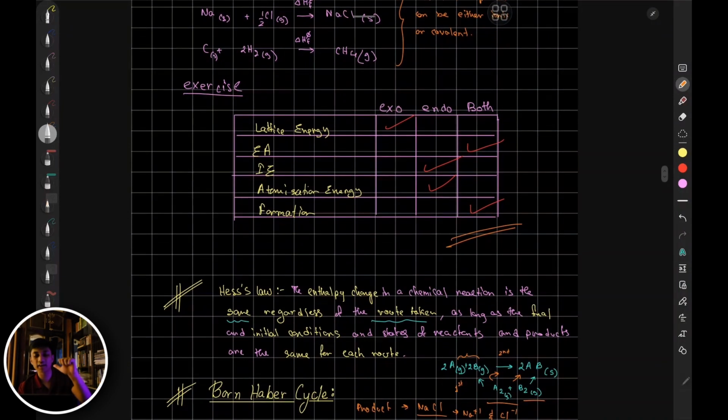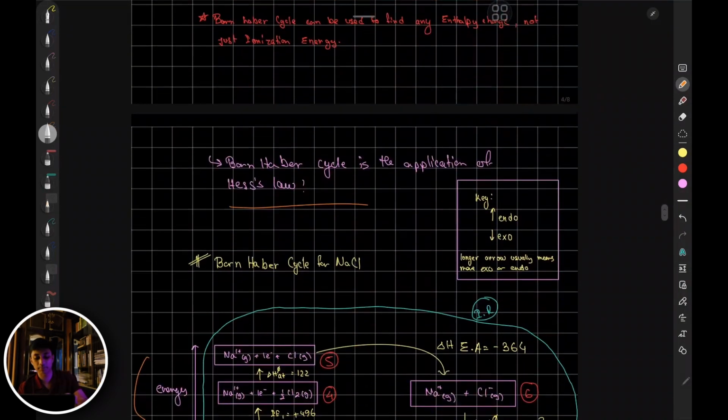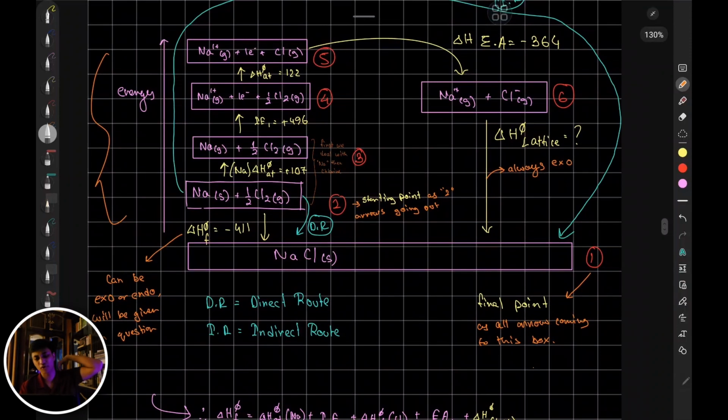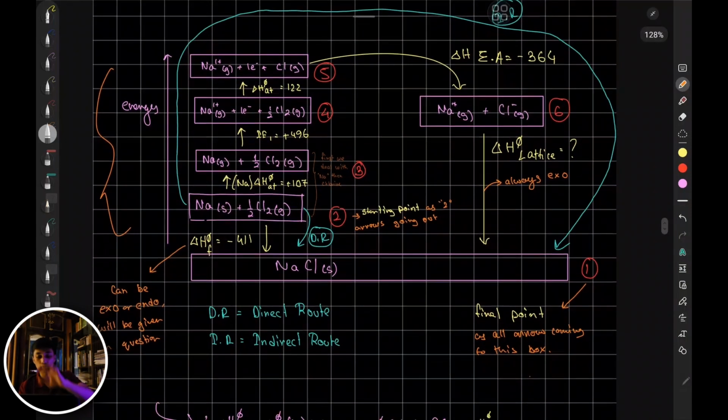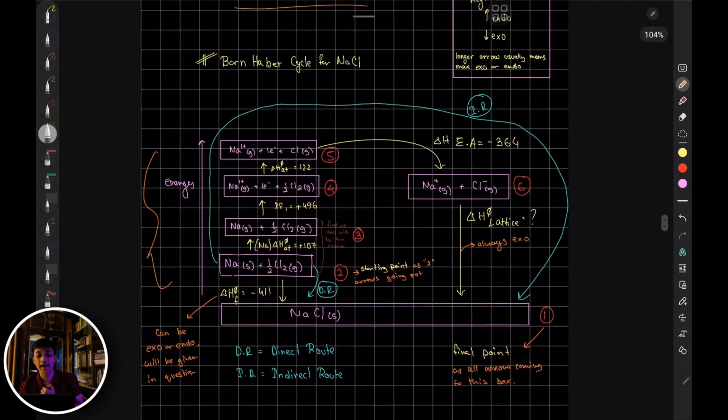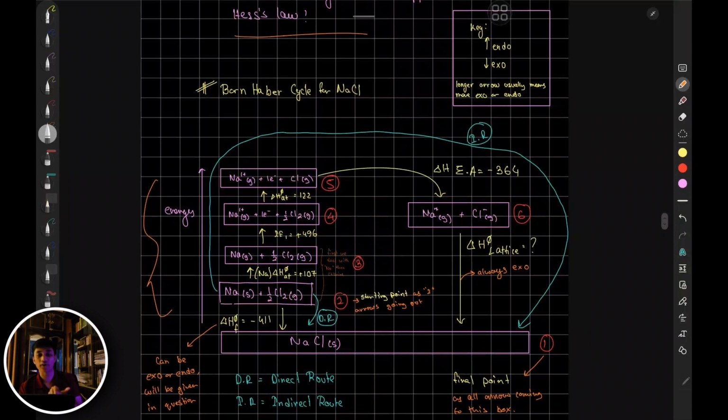So it can be both exo and endo, but I'm just giving an example. Let's say for the formation of NaCl, it is exothermic, so the arrowhead is going to be downwards. You need to consider that and draw the Born-Haber cycle. So make sure your arrowheads are acting in the right direction.